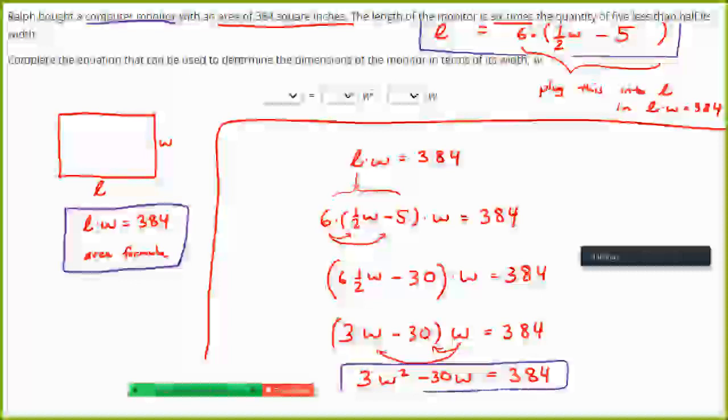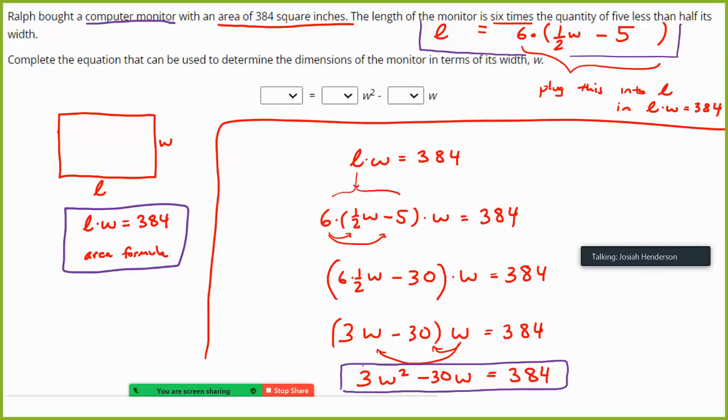Now, in Edmentum, we'd have to do the drop downs and find the right numbers. And notice that my answer at the bottom doesn't exactly look lined up the same way as it does on top, but it's okay. We're just going to plug in the right coefficients into the right spaces. So for instance, looking at my answer at the bottom, we've got 3w squared. So wherever the w squared is above, I want a 3. So this drop down should have a single 3. Then the next one is the single w. Mine is negative 30.